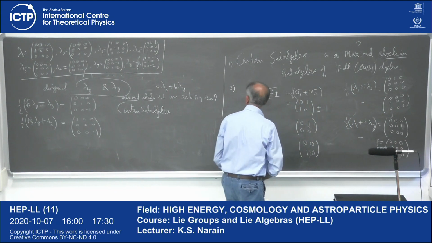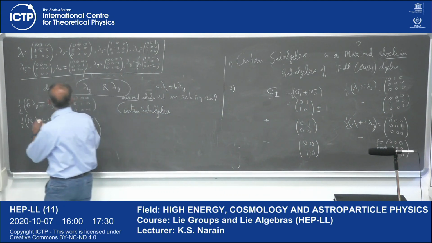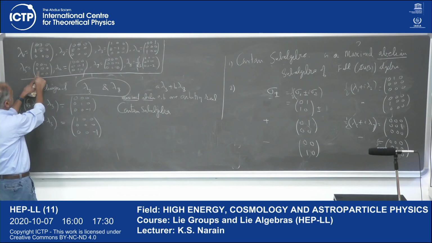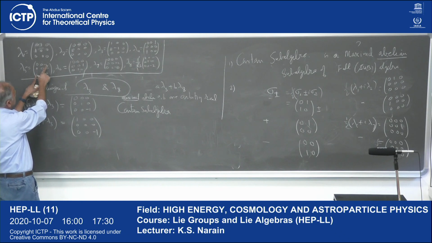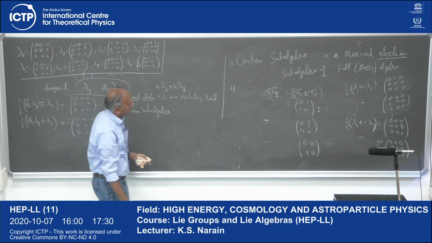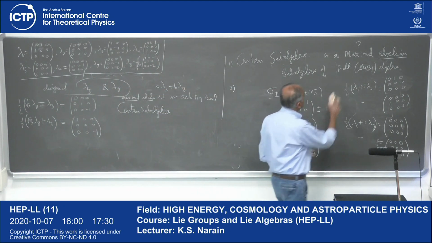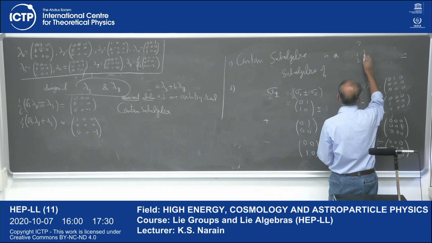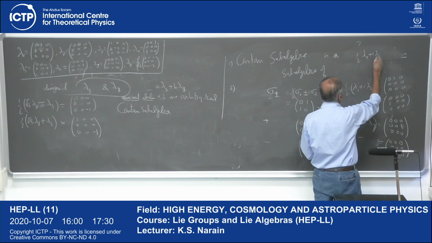And finally, the last combination is the remaining two, which were lambda 4 and lambda 5. Again, the same structure. If you remove the second block, then this is sigma 2, and that is sigma 1. So the last combination is lambda 4 plus i lambda 5.